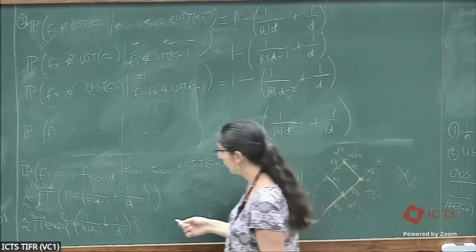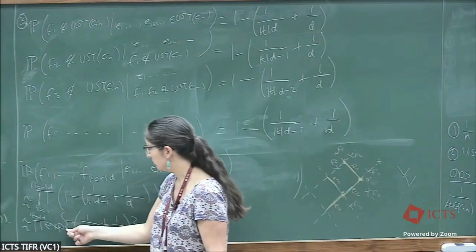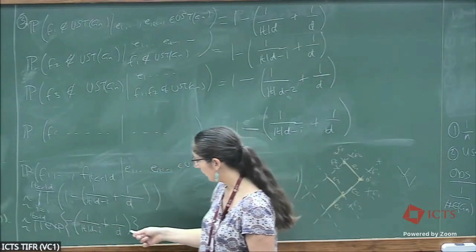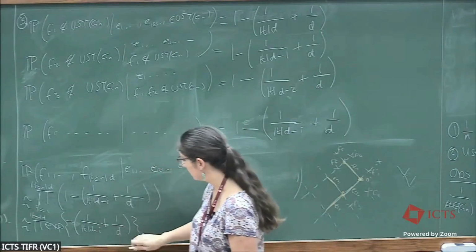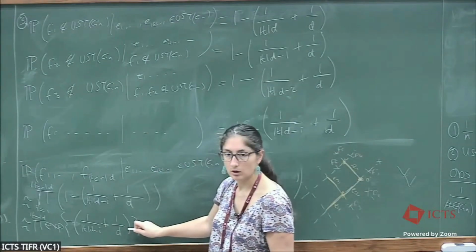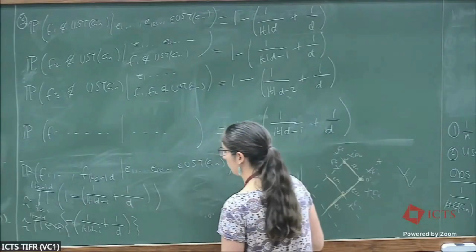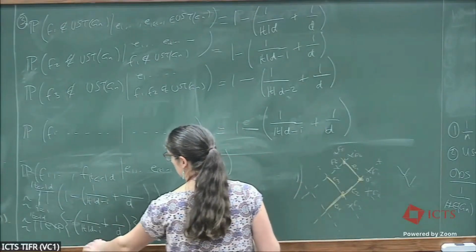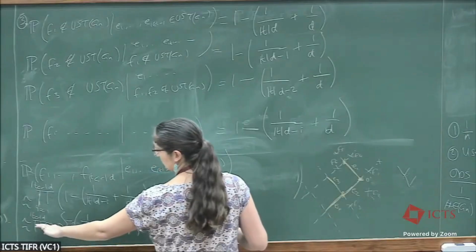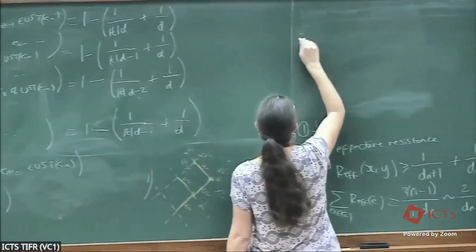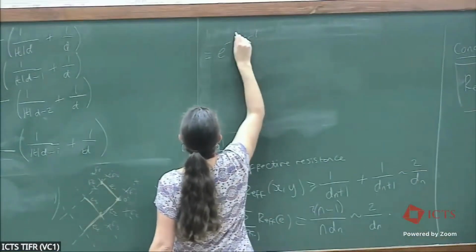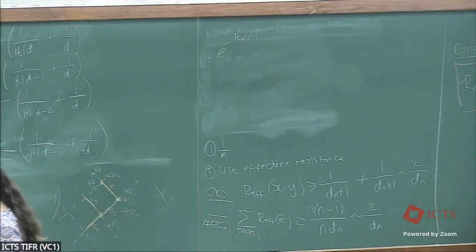Okay, and so then I have a product of exponentials, which is like the exponential of the sum. Firstly, this part doesn't depend on i, so I can just take it out, and I get e to the minus 1 over d times T less than R d, and so the d's cancel, and I just get e to the minus T less than R. And then for this term, I need to do the exponential of the sum, which is like the harmonic series between Td and Td minus T less than R d.